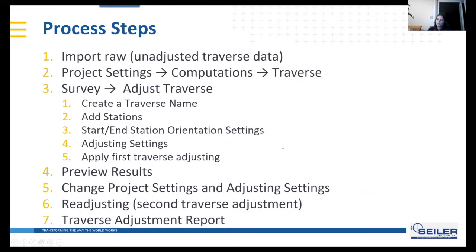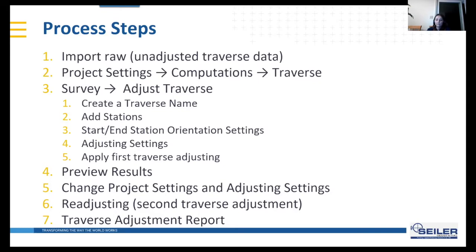I try to summarize the process steps a little bit. So the data I'm going to use is already prepared by the Trimble under the tutorial materials. But if you have any data, you can import the raw data, which is unadjusted traverse data. And we will continue with changing the settings, the traverse settings over the project settings.